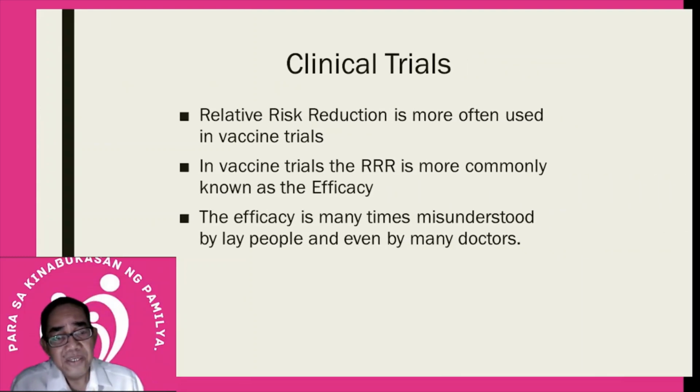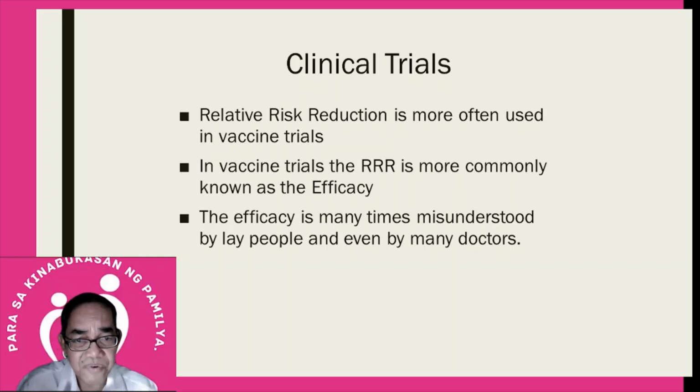You see, the relative risk reduction is more often used in vaccine trials. Well, it can be used not necessarily in vaccine trials, but in vaccine trials, the relative risk reduction, the RRR, is more commonly known as the efficacy. The efficacy in a vaccine trial is really the relative risk reduction.